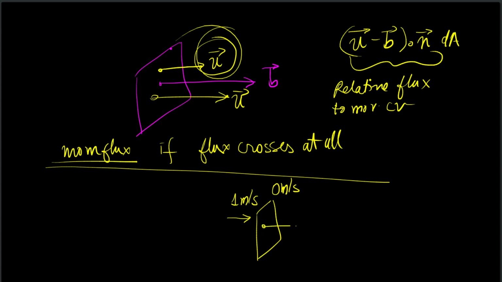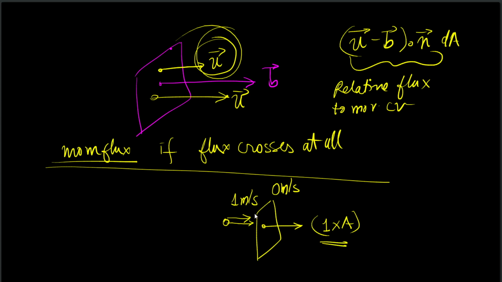So how much flux is crossing this area? The flux crossing that area is equal to 1 times the area. Okay. But now suppose this particle is moving with 1 meter per second and it is able to cross this surface, and hence you have this particular flux.